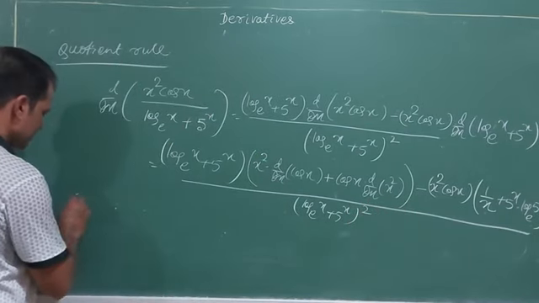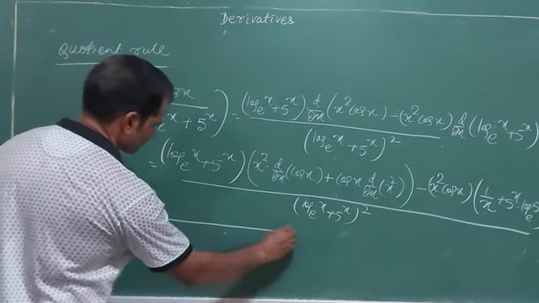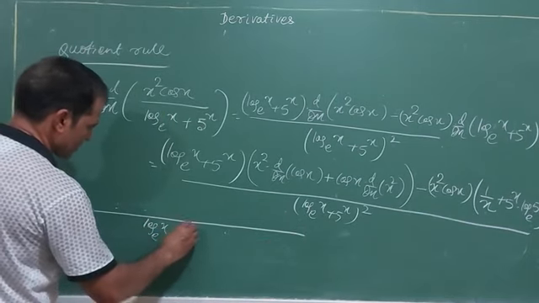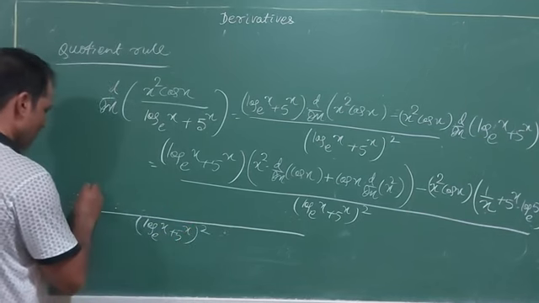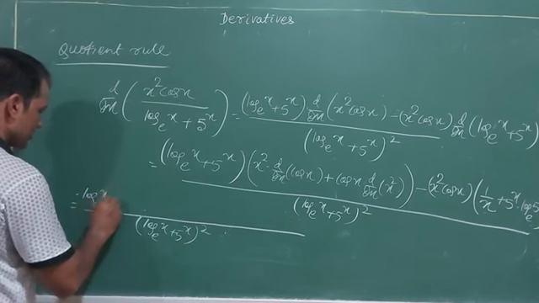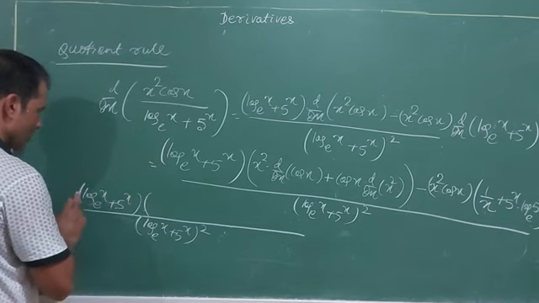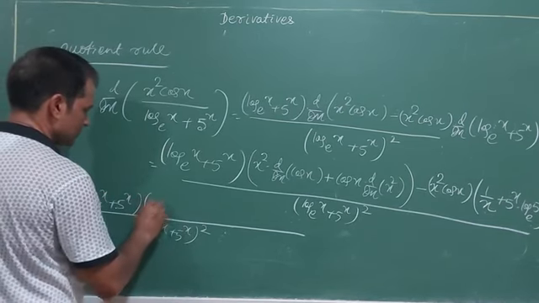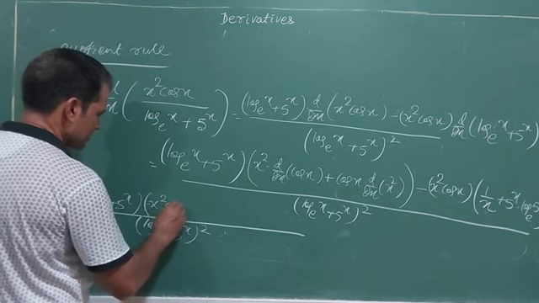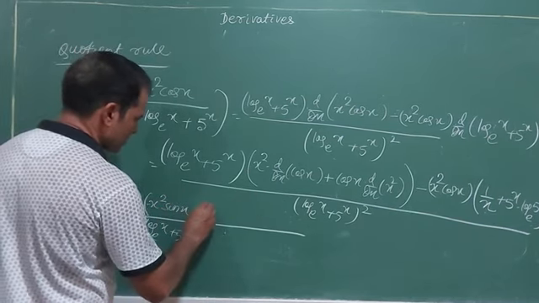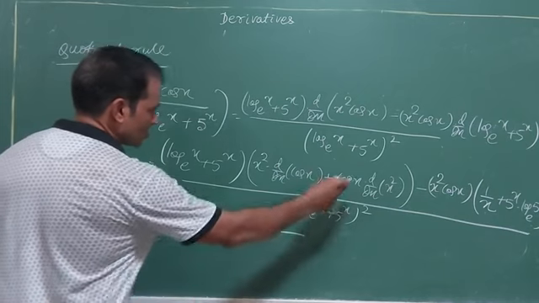The denominator is kept as it is: log x plus 5 to the power x whole square. Then log x plus 5 to the power x into x square, cos x derivative is minus sin x, plus cos x into 2x.